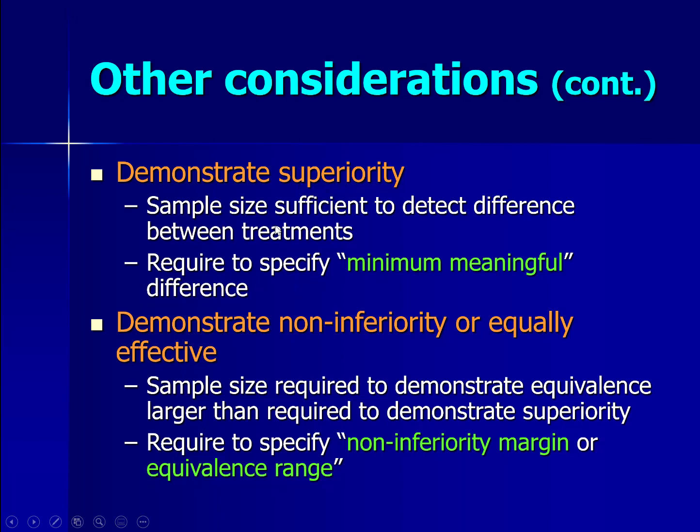The sample size is planned to have enough sample size to detect the difference between the treatment and the control group. So in this scenario, we really need to specify the minimum meaningful difference, or meaningful level, magnitude of effect. For example, how many kilograms the green tea can reduce weight.